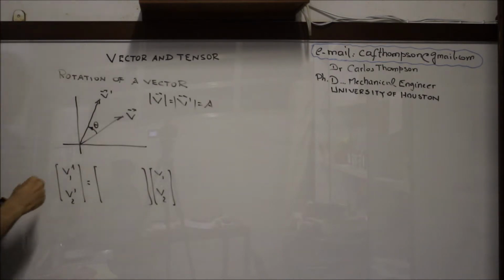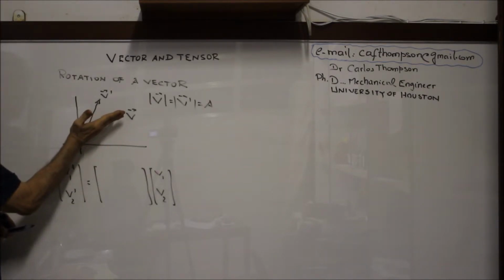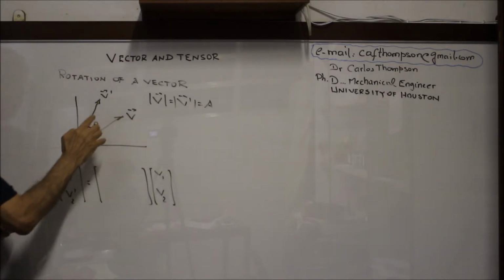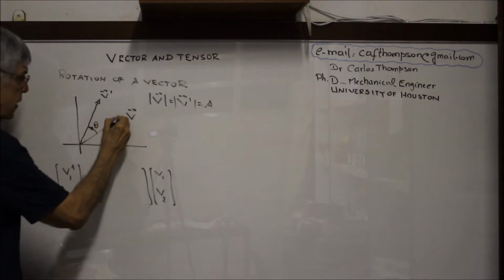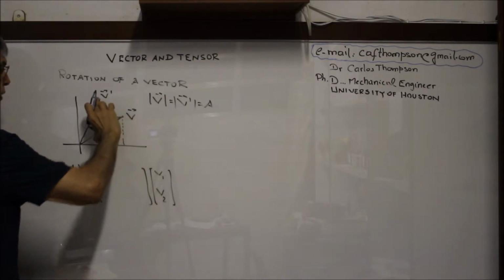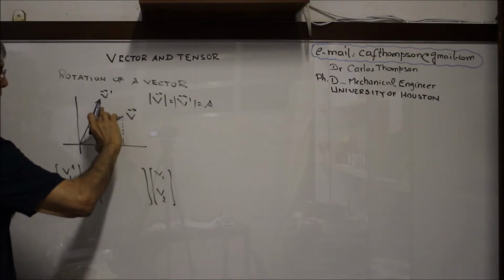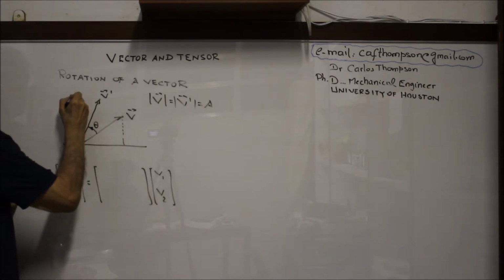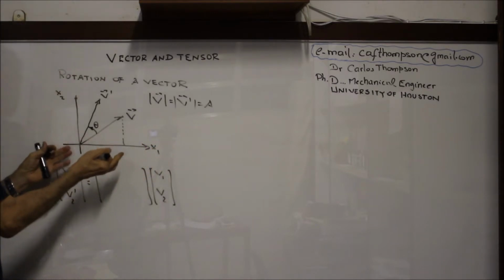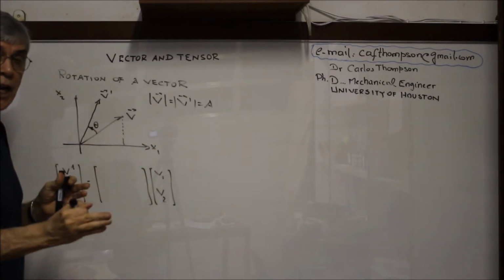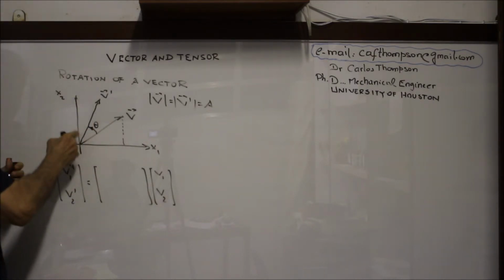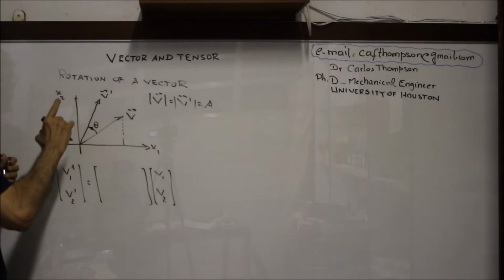Look, when you move counterclockwise from V to V prime, you see here that this component increases. Now, this is the x2 component. This case here is different from the last one we did, because before we rotated the axes. Here we maintain the same x and rotate the vector.